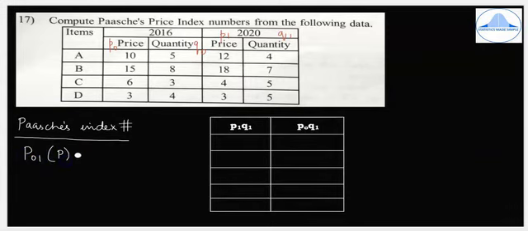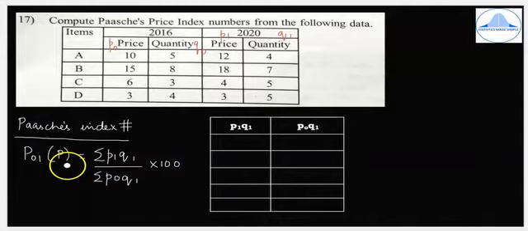Within brackets you write capital P. Always remember that for any price index number, we start with summation P1 divided by summation P0. Now remember that for Paget's index number, the weights are the quantities in the current year. So multiply the numerator and denominator by Q1 and multiply by 100. So this is the formula for Paget's price index number.